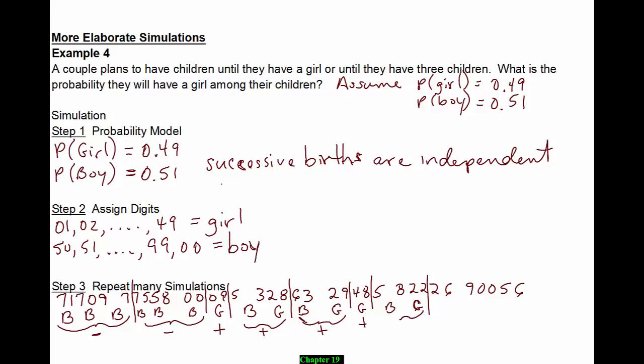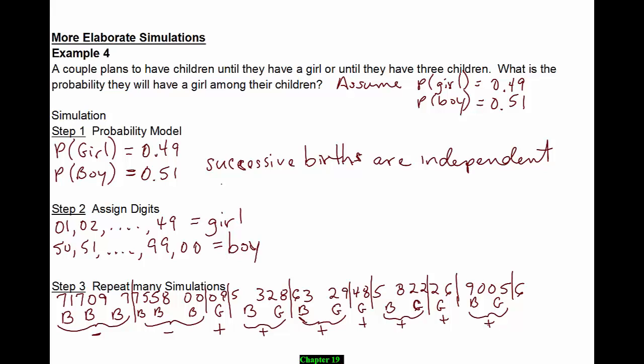So this couple stops because they had their girl. 26 is our next two-digit code, which is a girl right away, so they stop. 90 is our next two-digit code, which is a boy, and 05 is a girl. So this couple had their girl and they stop. And that little lonely digit that's left, we just won't use it. We don't have enough to do another repetition of our simulation.